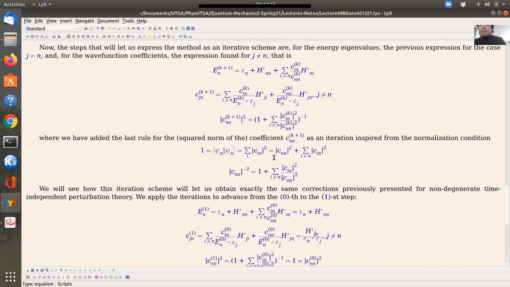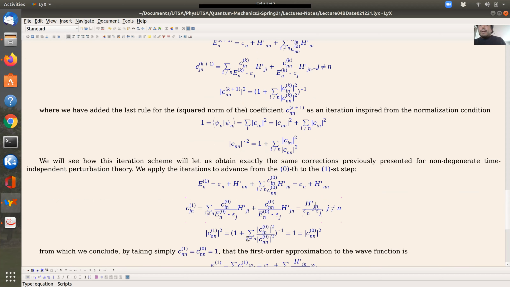Then I have the normalization condition. With k equal to 0, I have C_nn^(1) equal to 1 plus a sum over states not equal to n, and then I have C_in in the initial guess. So this is 0 altogether. Because this is 0, I have 1 plus sum over 0, so I have 1.